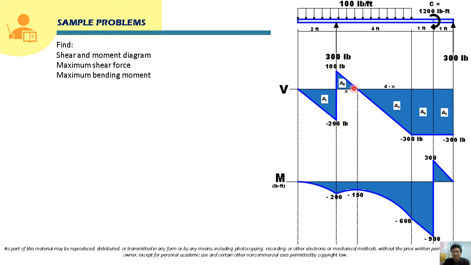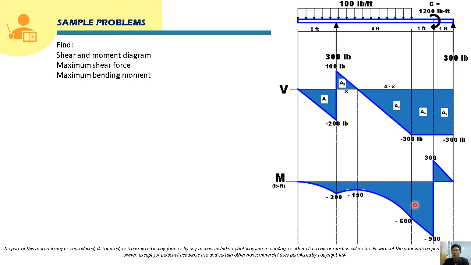The shear here is a triangle, so this curve should be parabolic. And since the shear is sloping down, this curve should be concave downward. Same here from this point up to this point. The shear here is a triangle, so the curve here is parabolic. And since the shear is sloping down, it should be concave downward.